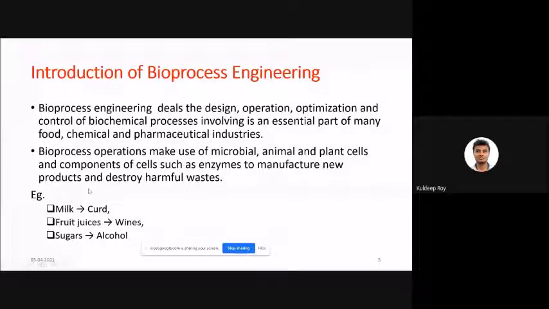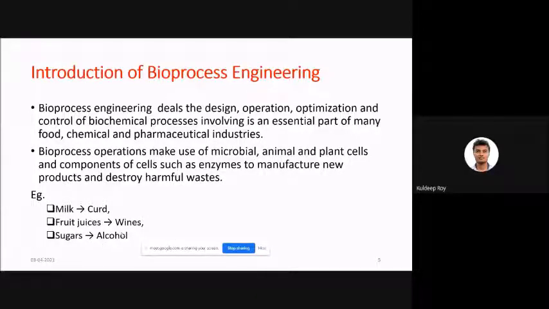Now, if you talk about day-to-day life examples, like when you convert milk to curd, you are doing bacterial activity. If you add a little bit of bacteria, it will convert the milk into curd. Similarly, fruit juice into wine, which comes from grapes. So you are doing the fermentation process, and the same thing, you are getting the wine.